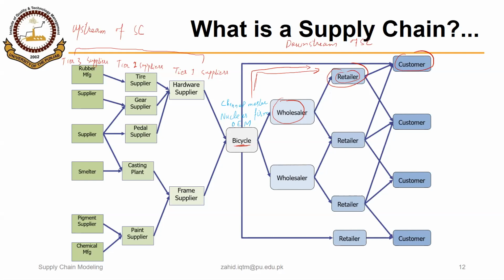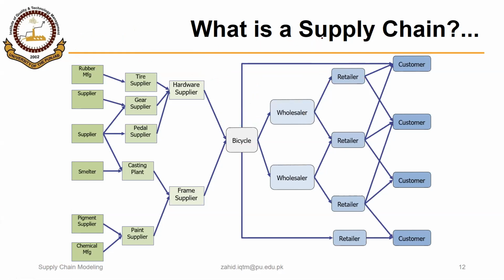So this is some of the terminology. Just two more words that I would like to clarify from this slide. Let's suppose that this bicycle manufacturer initially manufactured the bicycles only. Suppliers were independent, wholesalers were also independent.